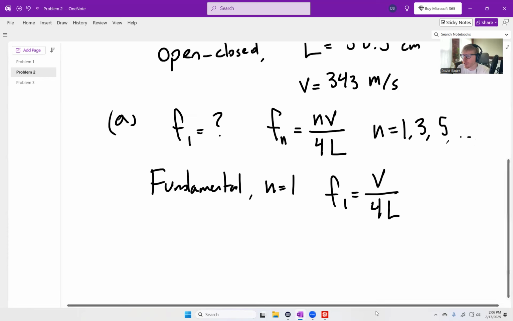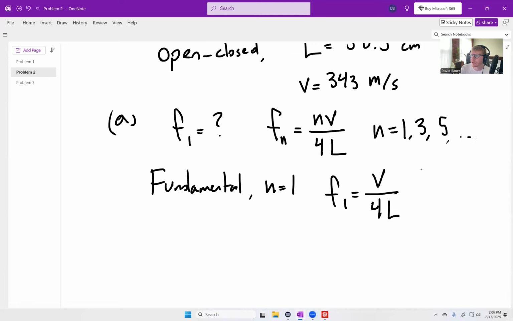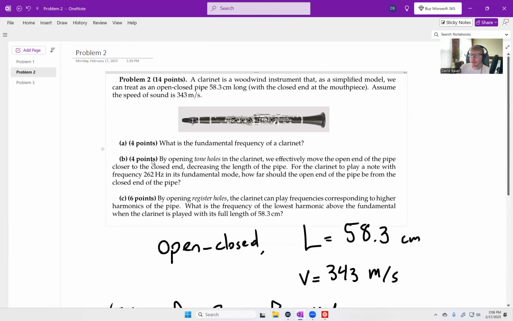Okay, we can just plug in for that. Pretty straightforward. So I get 147 hertz. Not too bad.